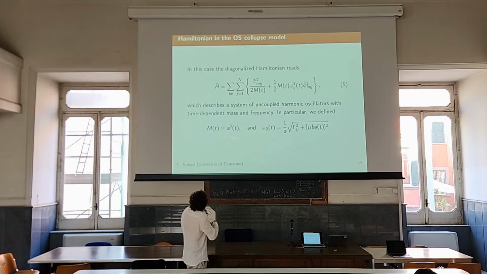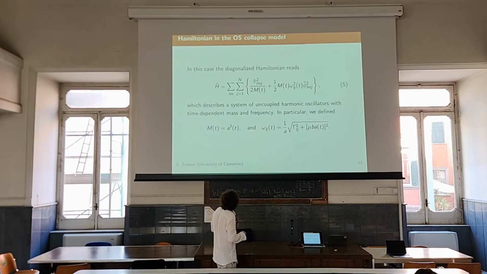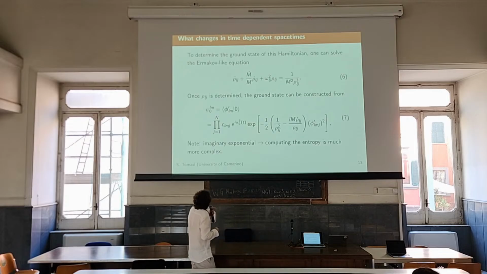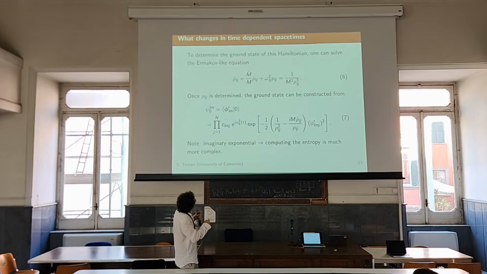The time dependence is all due to the expansion, or the contraction in this case, of the background. To compute the ground state, we have to solve this Ermakov-like equation, which is quite complex since it is nonlinear. But if we can find a solution, then we are able to write the ground state as a product of those wave functions.